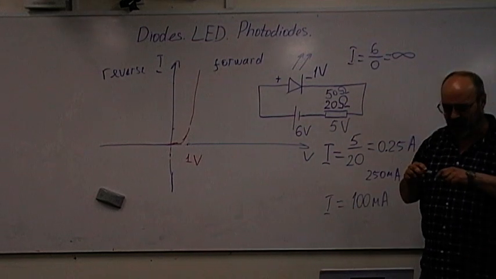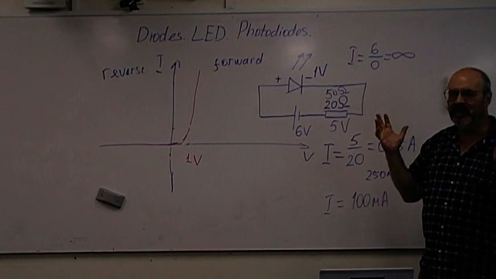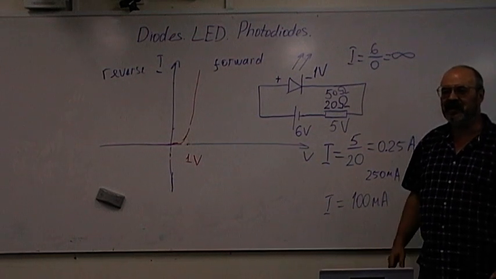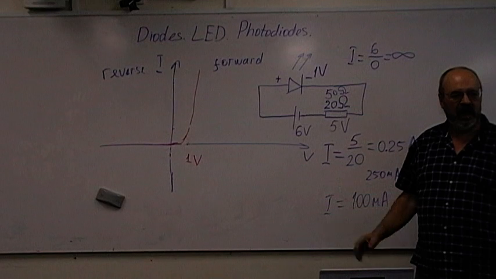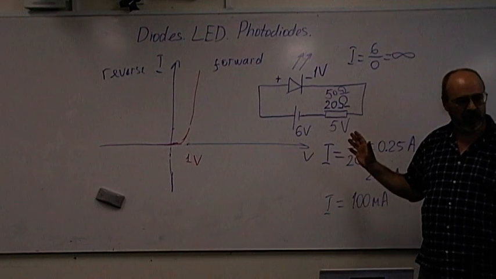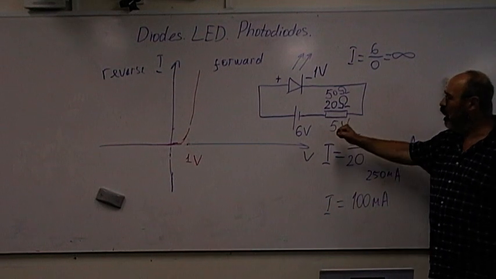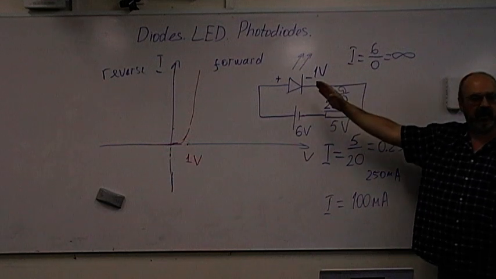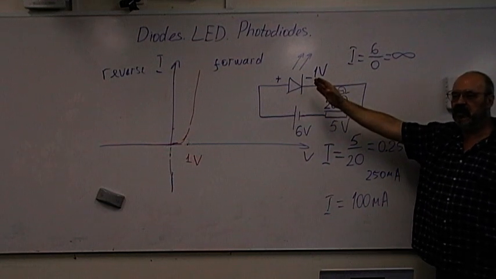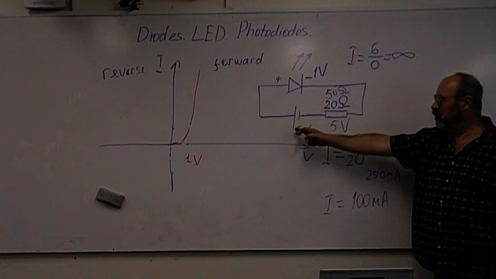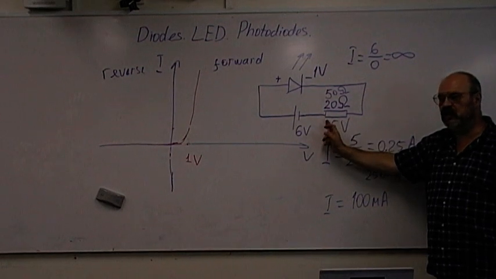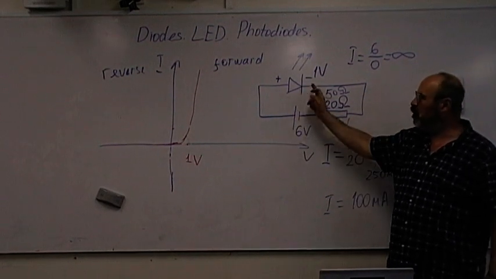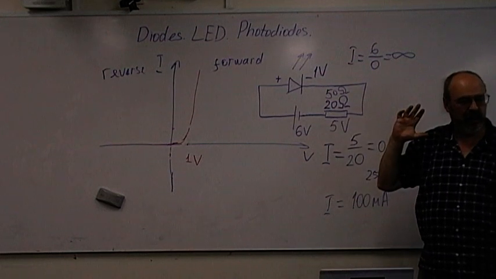Of course it will not become infinite, because the diode will blow up way earlier than that. Makes sense how to calculate circuits with diodes? You use the fact that the voltage across the diode stays constant. And the voltage across the resistor will always be the voltage supply minus the voltage across that diode.